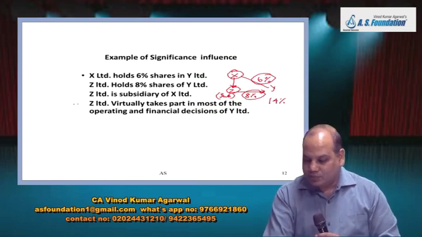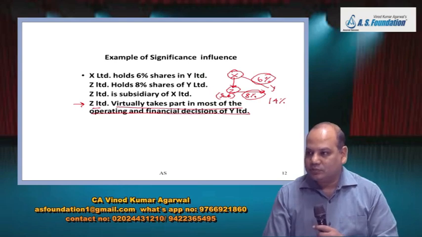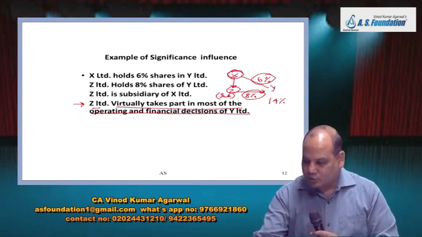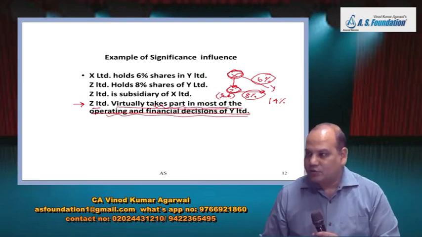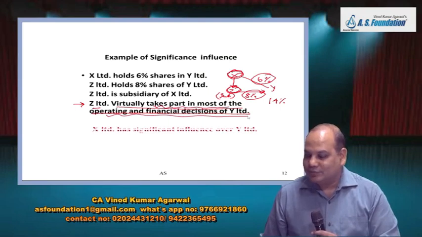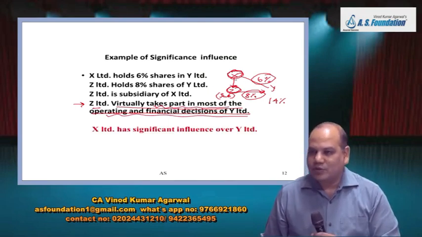But the note is important here. Z virtually takes part in most of the operating and financial decisions of Y. So X through its subsidiary Z is participating in financial and operating decisions of Y. Whether Y is an associate of X?